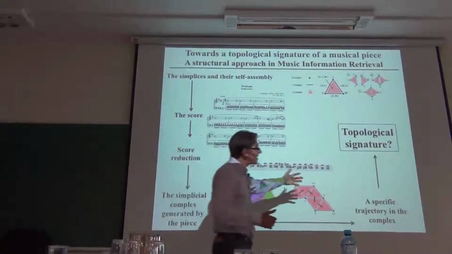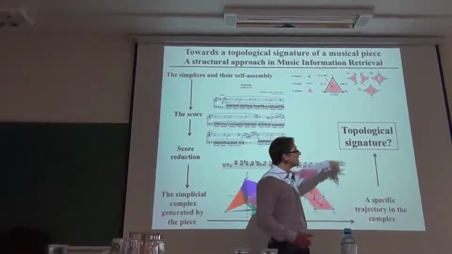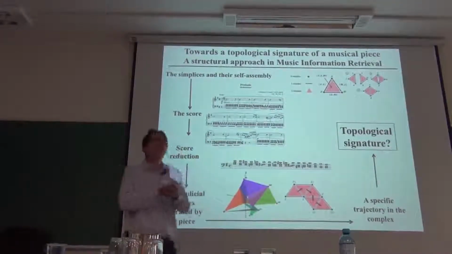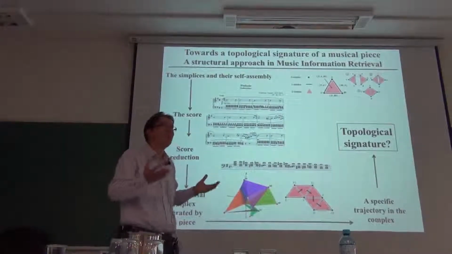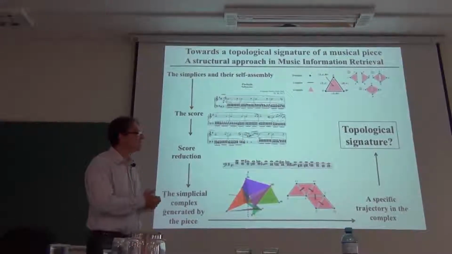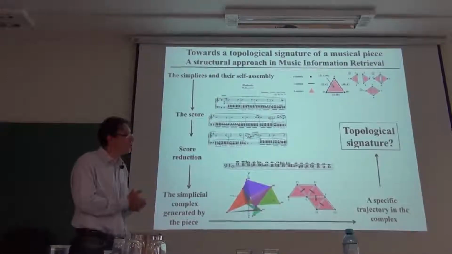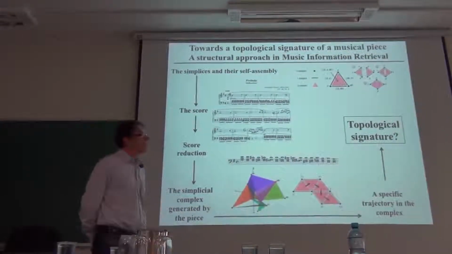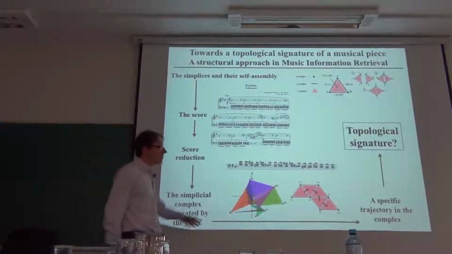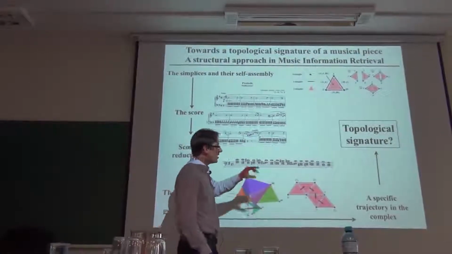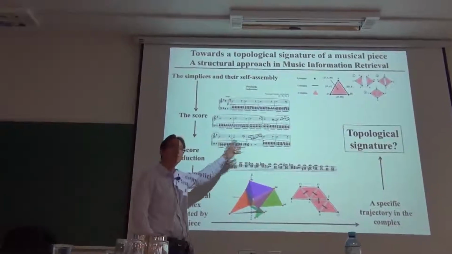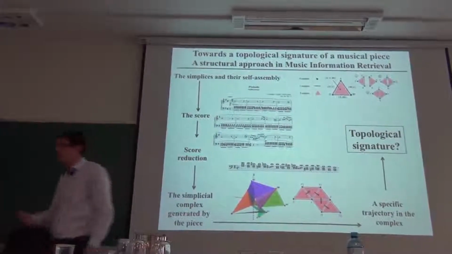Because a specific trajectory in the simplicial complex gives you a kind of uniqueness of the piece. So each piece, maybe, and this is a utopic perspective, could be characterized in a unique way by looking at the specific trajectory in the simplicial complex which is generated by the piece. Okay, you see?